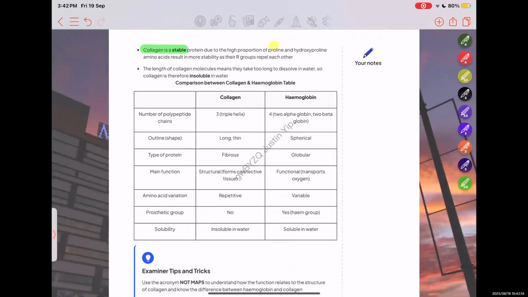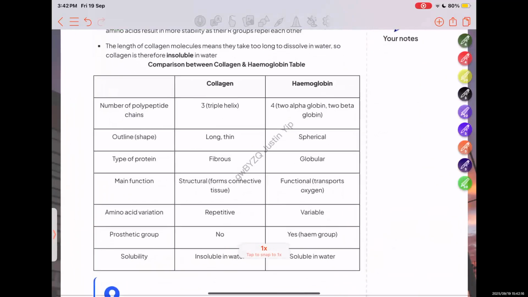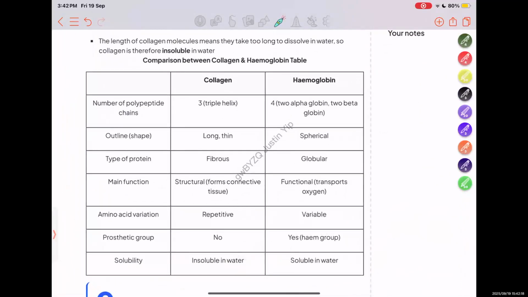So let us look at the difference between collagen and hemoglobin. Collagen is a triple helix structure, while hemoglobin consists of 2 alpha and 2 beta.